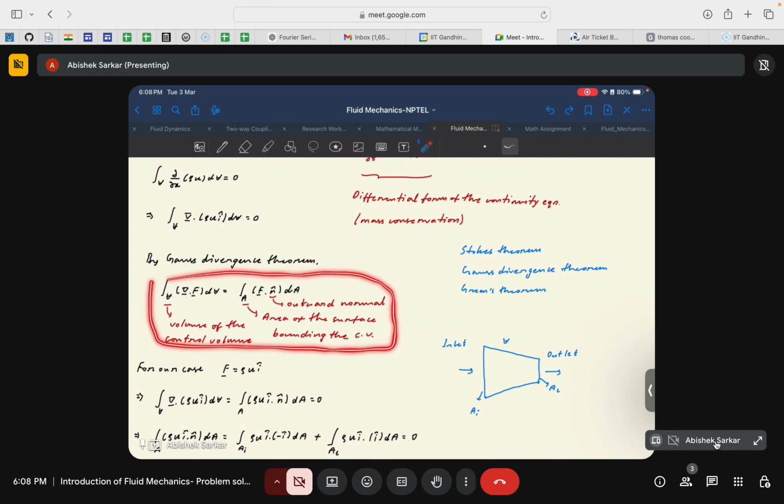And vice versa, you can convert this volume integral to a surface integral, and you will see eventually that, depending upon the problem, at least for solving finite control volume problems using the control volume method, you will eventually have to use the Gauss divergence theorem to convert your governing equations from a control volume to a control surface integral.